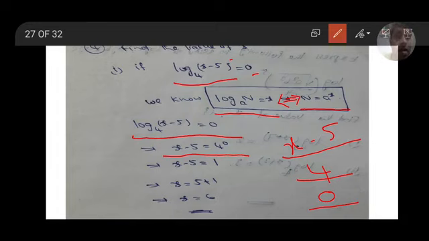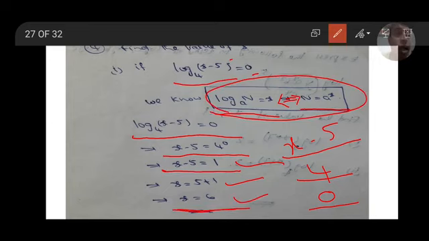Any number power 0 equal to 1, that is x minus 5 equal to 1. So 5 comes to the RHS, that is x equal to 5 plus 1, that is x equal to 6. Mainly this property we are using, log n to the base a equal to x implies n equal to a to the power of x, that is by definition. So x equal to 6 here.